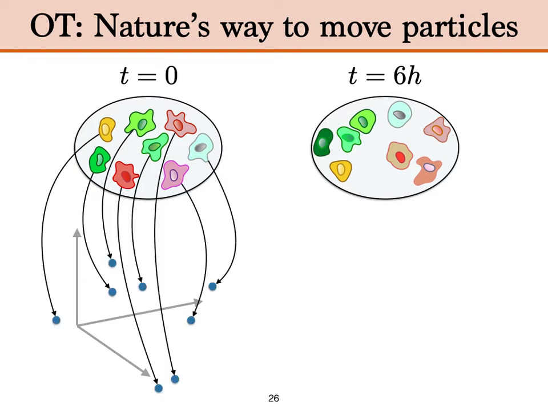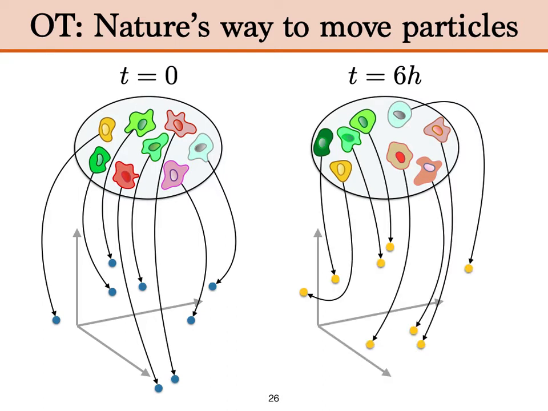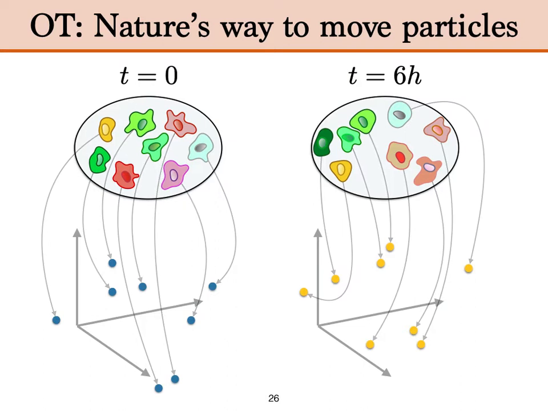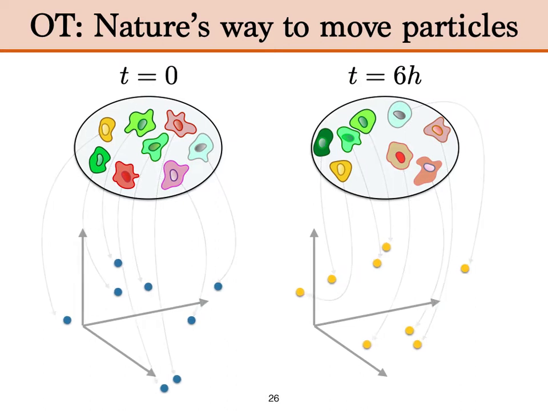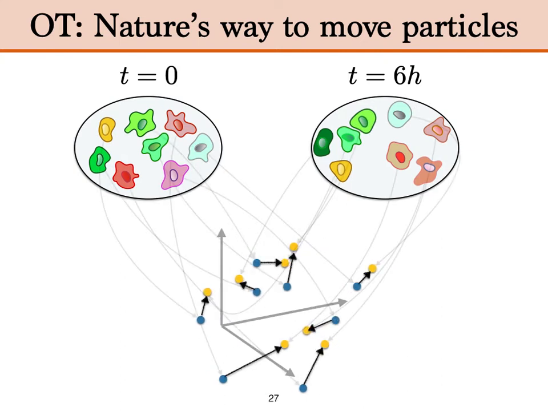So mathematically, on the left, I have a feature representation for my cells. On the right, I have another one in the same space. Or more recently, people are working on different spaces. But let's assume this is the same space. And I am going to simply assume there was an optimal transport between them. And the optimal transport is what is going to give me the key of who became what.